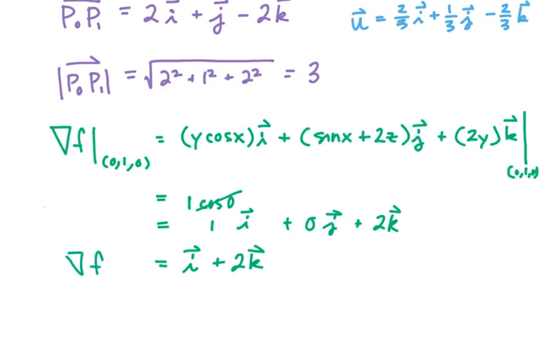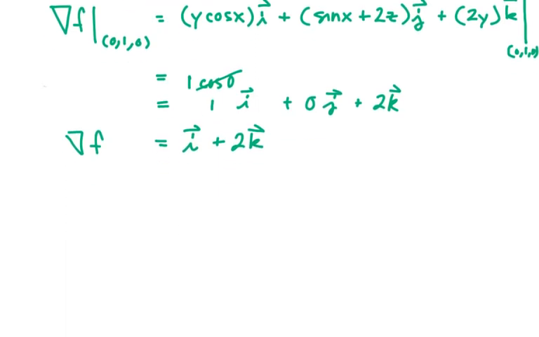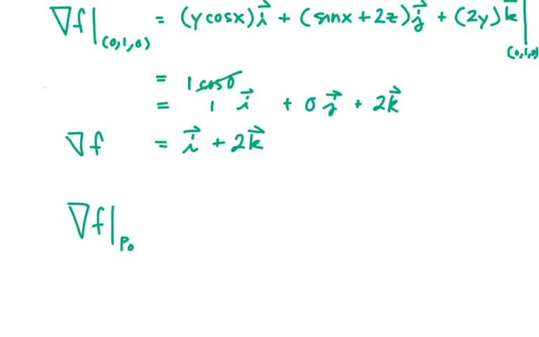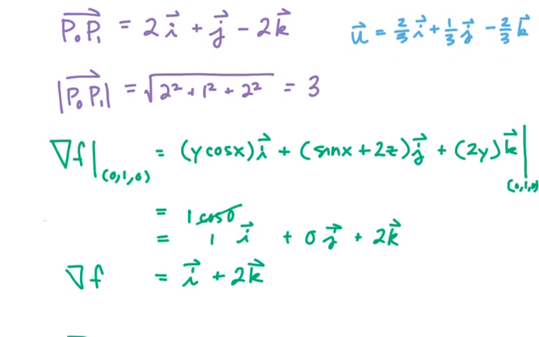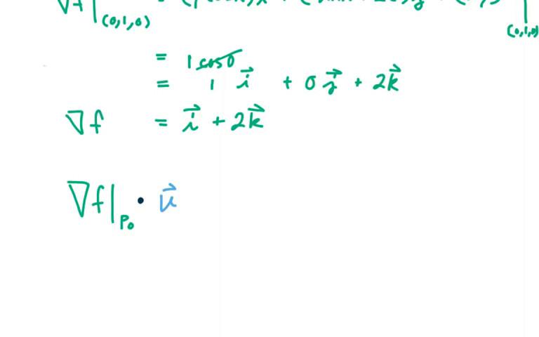So I need to take this gradient of f and dot it with u. So the gradient of f at my p naught needs to be dotted with my u vector. My u vector up here was 2/3 i plus 1/3 j minus 2/3 k.